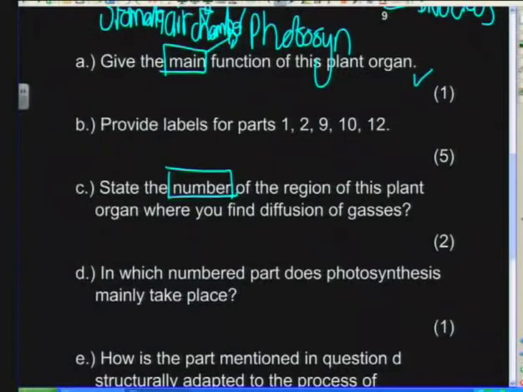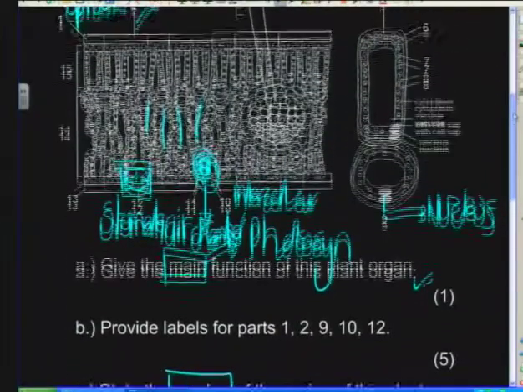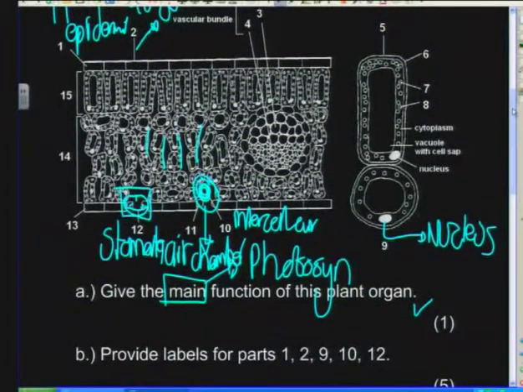State the number of the region of this plant organ where you find diffusion of gases. All right, so where are we going to find the movement of gases? If we go upwards, where did I say? I'm going to quickly rub it out over here so that we can see it much clearer.